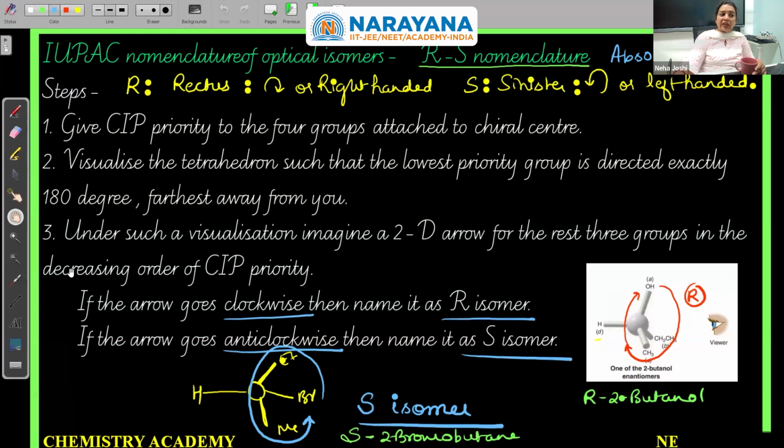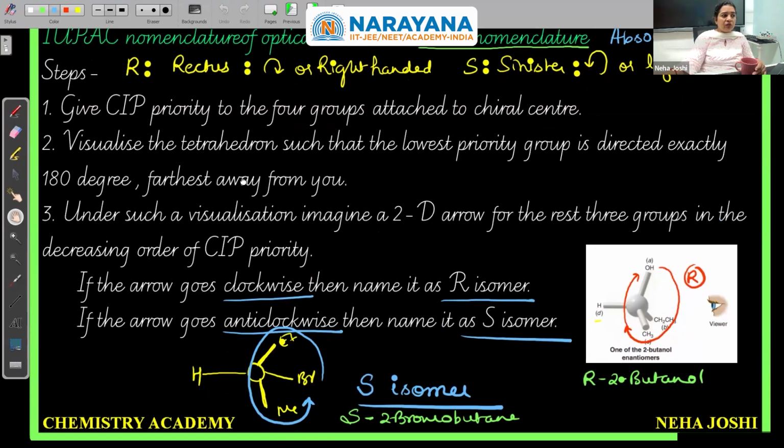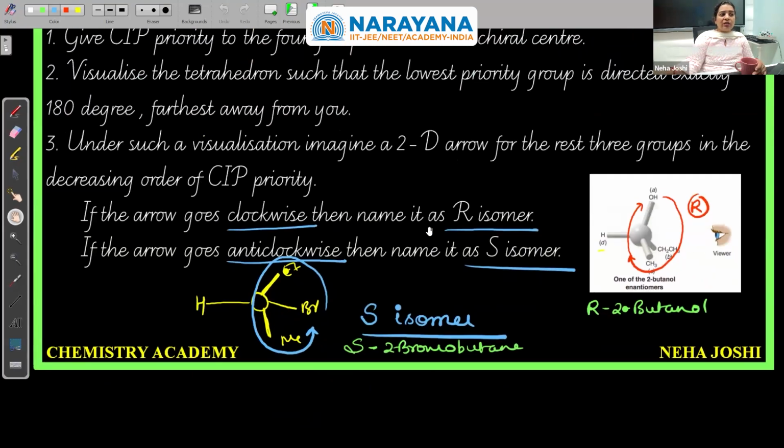And for the rest 3, in decreasing order of CIP priority, draw the arrow. If the arrow goes clockwise, it is right-handed, rectus. If it goes anti-clockwise, it is sinister, S. If the arrow goes clockwise, name it as R isomer. If the arrow goes anti-clockwise, name it as S isomer.